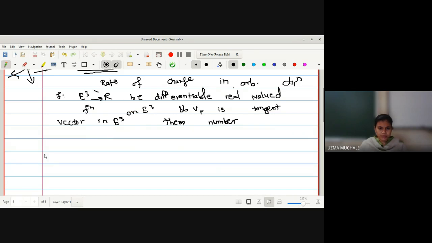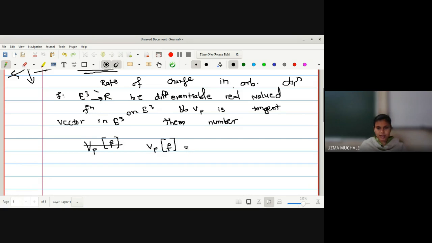What is the number? We are going to denote the directional derivative as square bracket derivative of this function f in the direction of a tangent vector vp. Actually, it should not be capital, so we can write it as vp f. The square bracket denotes that we are finding the directional derivative in the direction of a tangent vector v at a point p, right?